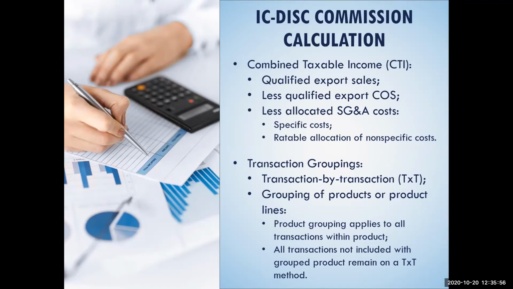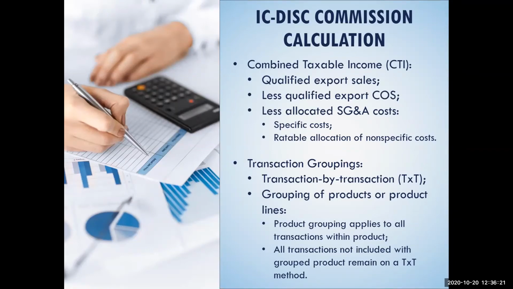The SG&A costs you can kind of put into 3 buckets. Specific costs are specific for export transactions, specific for non-export transactions, and then anything that can't be specified as export or non-export. Those non-specified costs then get ratably allocated between export and non-export.